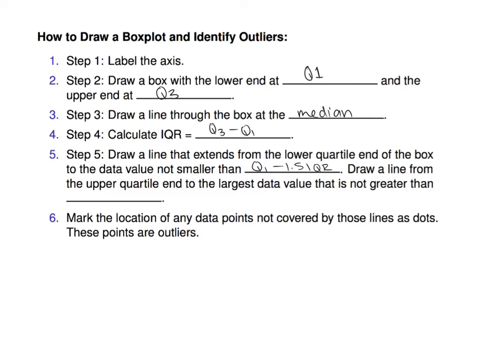So quartile 1 minus 1.5 times IQR is the lowest value that you can be, and if you're lower than that, you're considered an outlier. That's an outlier on the low end. On the high end, you draw a line from the upper quartile end to the largest data value that's not bigger than quartile 3 plus 1.5 IQR. And then any data points not covered by those lines are dots. The dots are the outliers.